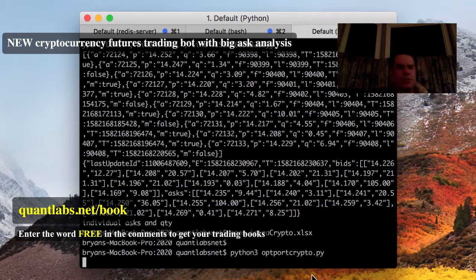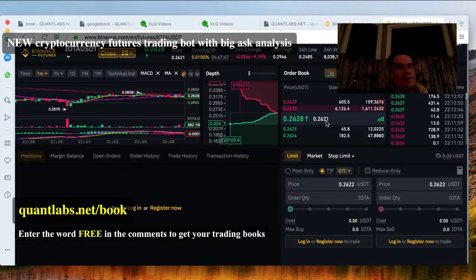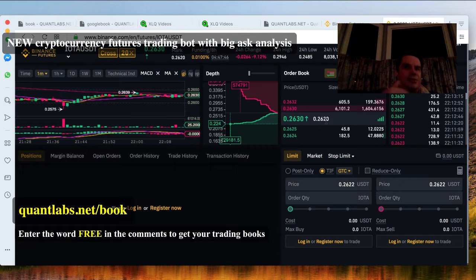But even though you look visually at the depth of market, and this could be said about any asset class, if it's a stock, forex, even if you've got access to the depth of market, it still will throw you off.